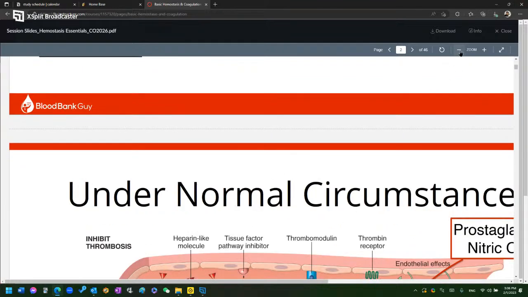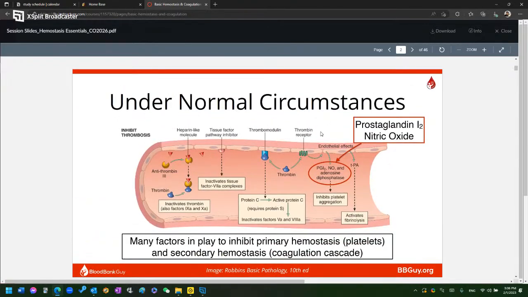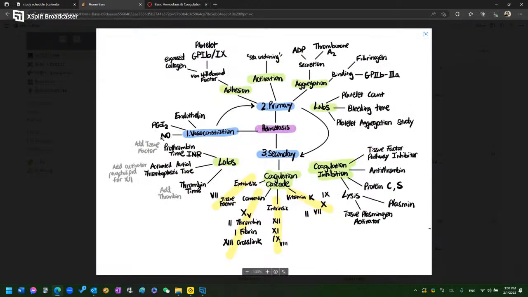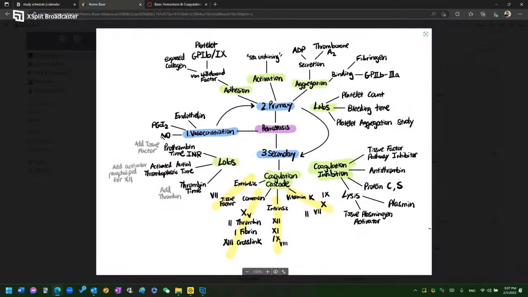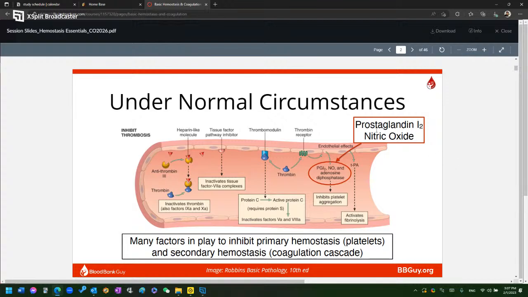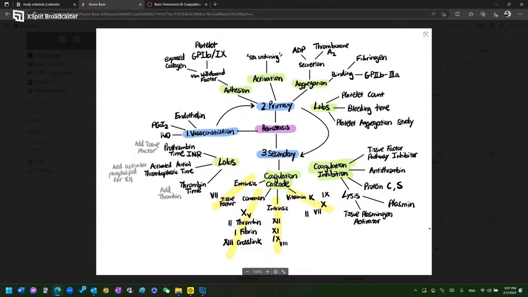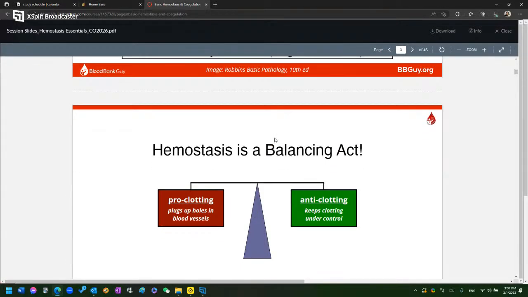So I made that a little bit confusing. As you can see here, PGI2 and nitric oxide are normally involved in preventing vasoconstriction, right? But when we have damage, it will decrease PGI2 and nitric oxide, PGI2 being prostaglandin I2, which are both anti-clotting factors. So when you remove these, you have a more pro-clotting environment, right?